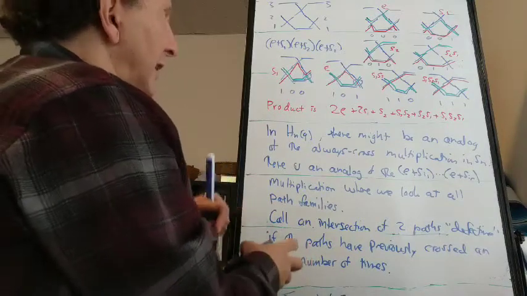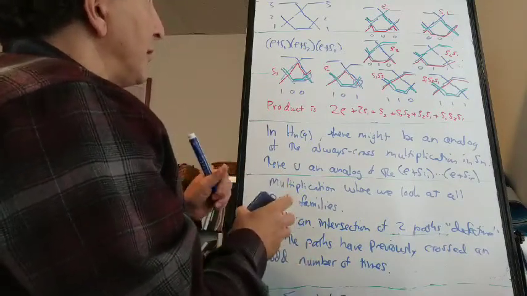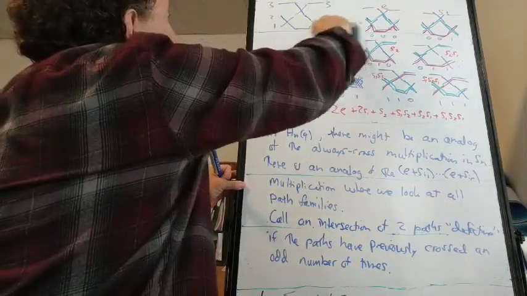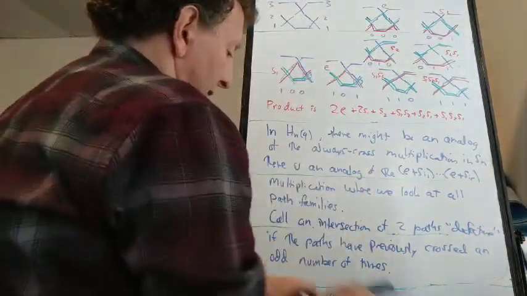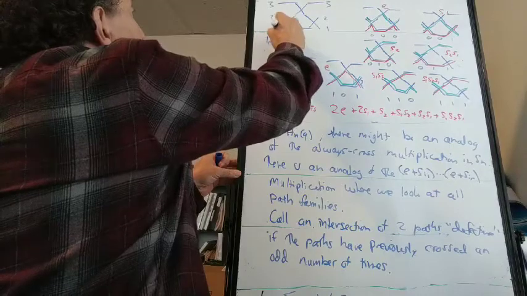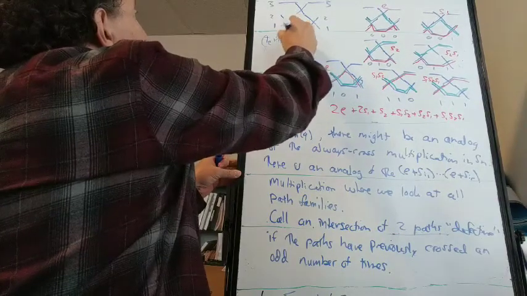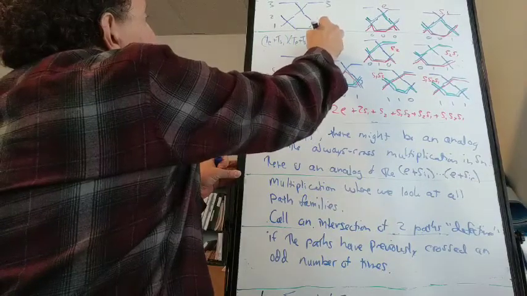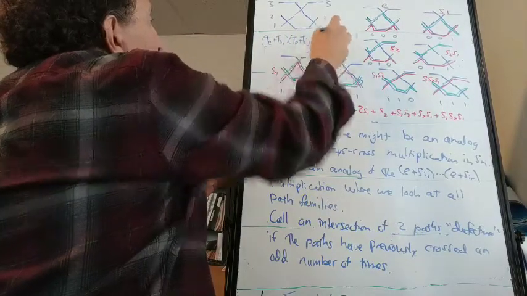Now, using this idea of defects, we have a result about how to multiply the Q analog of what I'm just erasing. That is (TE plus TS1) times (TE plus TS2) times (TE plus TS1).